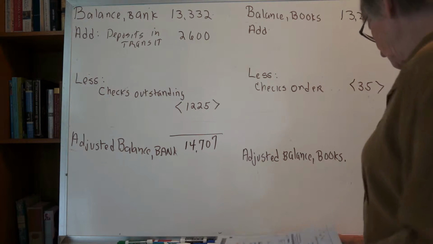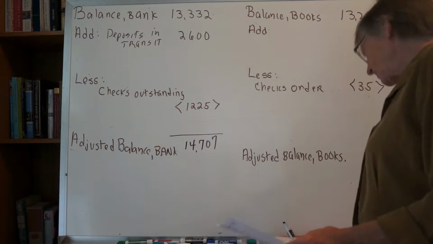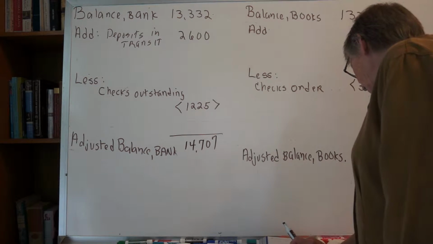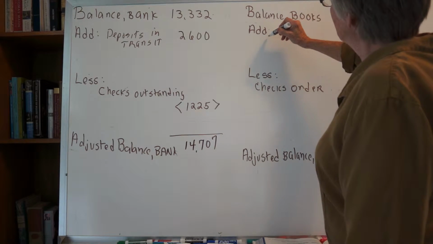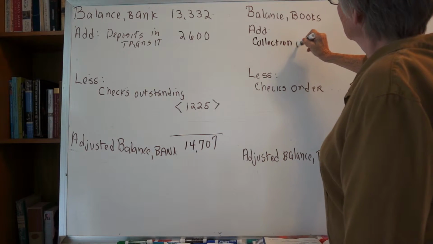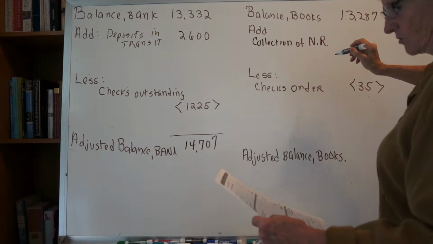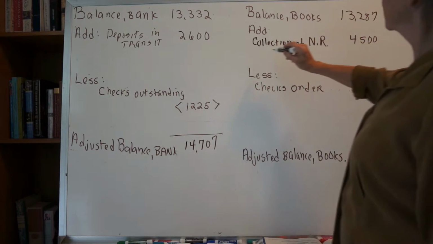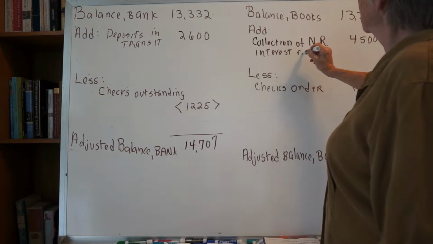Okay, so now let's see what other information. We've got number 4, that's another error, we'll skip for the moment. Number 5, a note receivable was collected. So we're going to add the collection of note receivable. They collected a note receivable for $4,500. We add that. There was interest revenue associated with that, so that would be another adjustment.